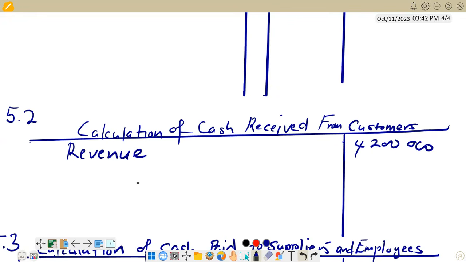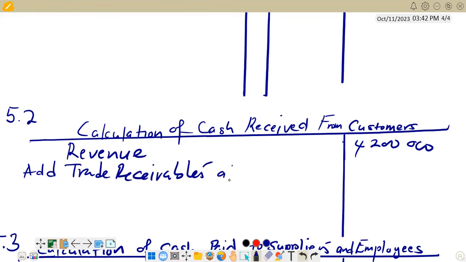That is the scenario we are going through here. So the opening balance of those trade receivables, we are going to add. Here we say add trade receivables at the beginning, or at the start of the year.